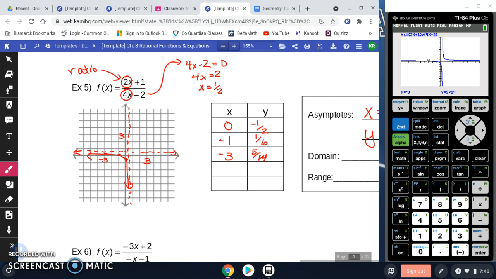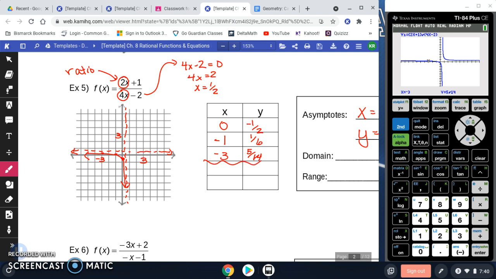Okay, so let's find a couple of points on the other side. So remember, x equals positive 1/2 is that asymptote. So if I go positive 1, that jumps me to that other side. So positive 1 is 3/2 or 1.5. Let's see what positive 2 does. Positive 2 is 5/6.